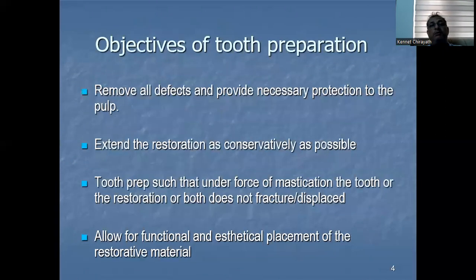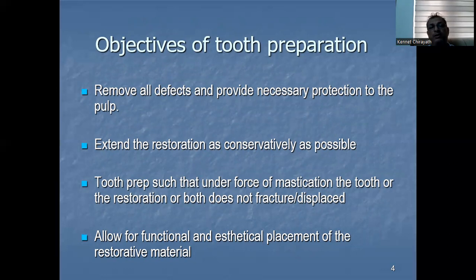Now, what are the objectives of the tooth preparation? Why do you want to do a tooth preparation? The first is to remove all defects and provide necessary protection to the pulp. Second, the preparation should be as conservative as possible.